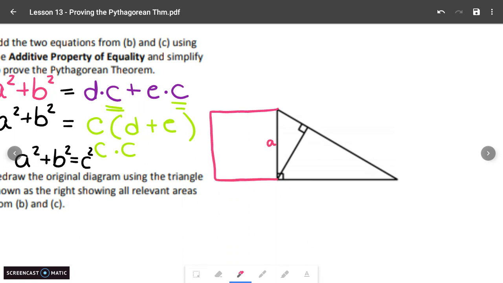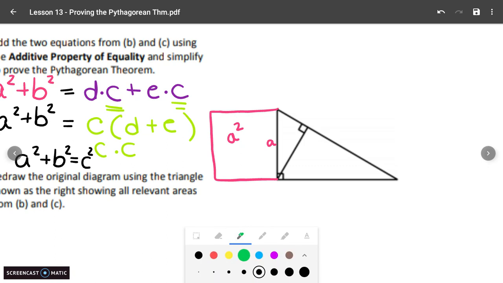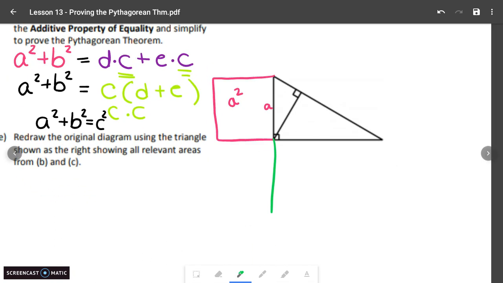So I know this side was A, so everything around here that's going to be a squared. I knew this piece is b, making this area b squared.